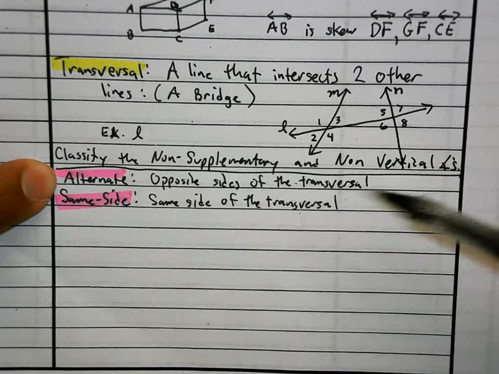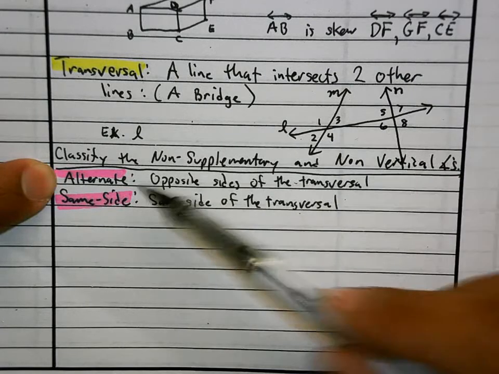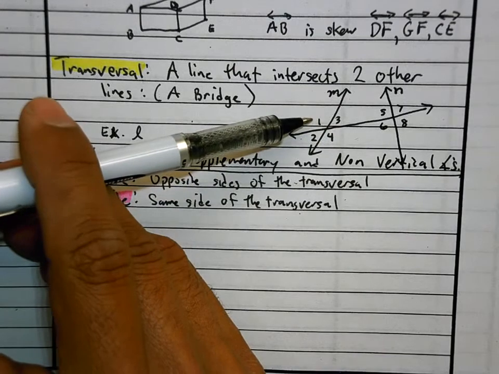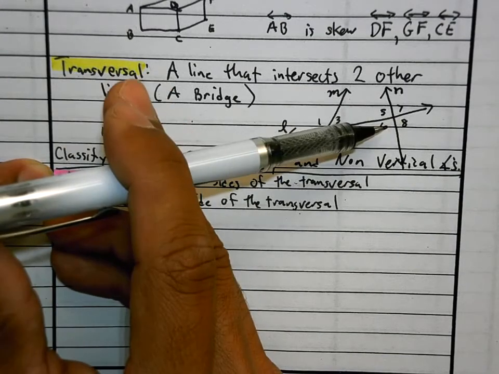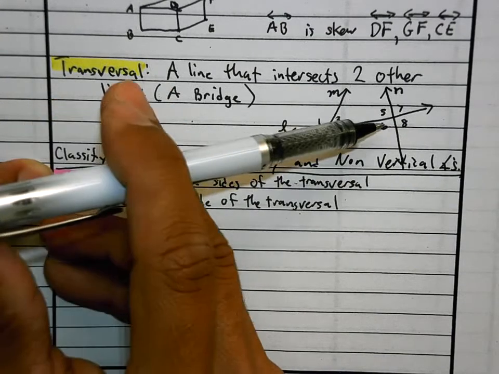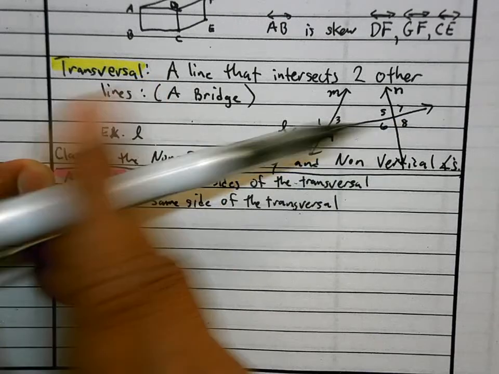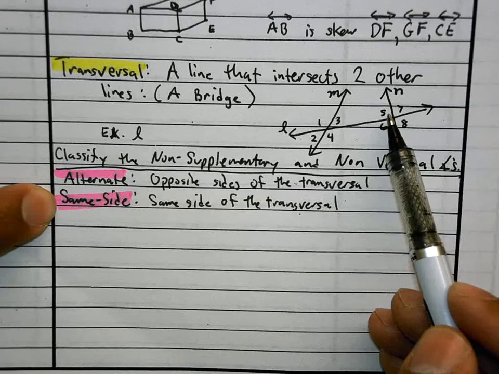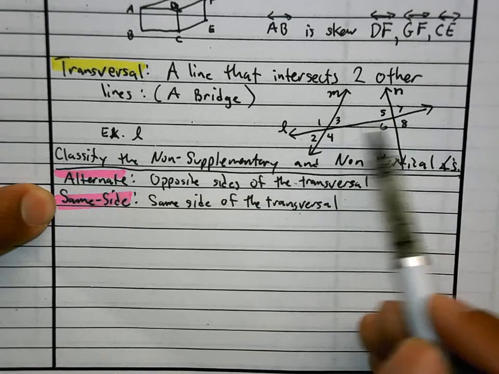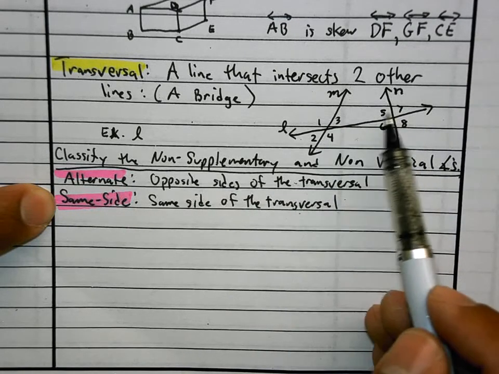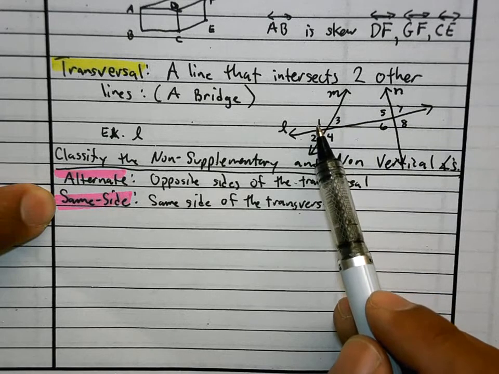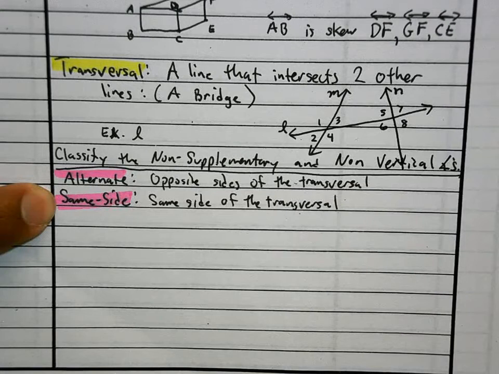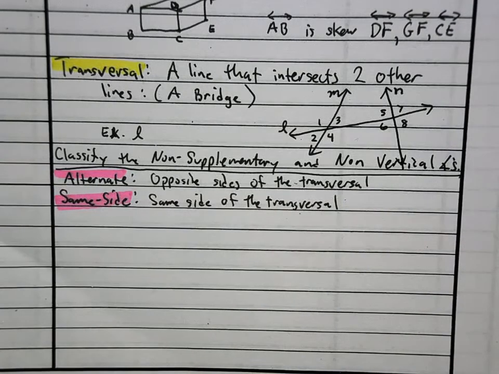We want the ones that are over here. 1 is alternate to either 6 or 8. Same side: 5 is on the same side as 3. 7 is the same side as 3. 7 is the same side as 1. Just make sure you're not using the ones that are next to it.